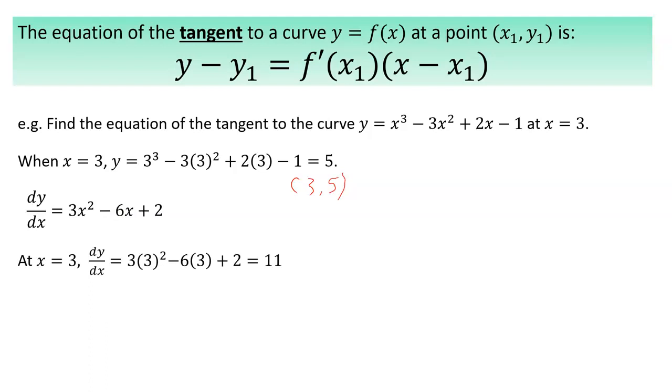So when x equals 3, the gradient of my graph is 11. So then I use my formula up here, substituting in y1, f dash of x1 and x1. Then I expand the brackets and simplify.